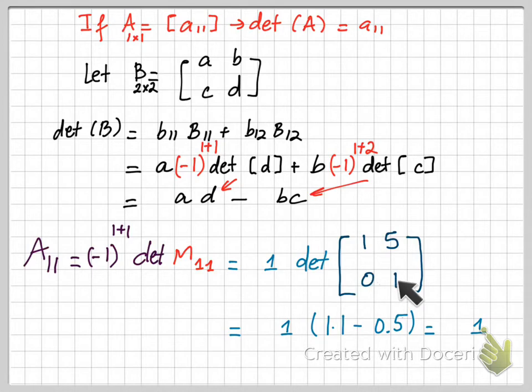That is 1 times 1 minus 0 times 5, times 1, which gives you 1.